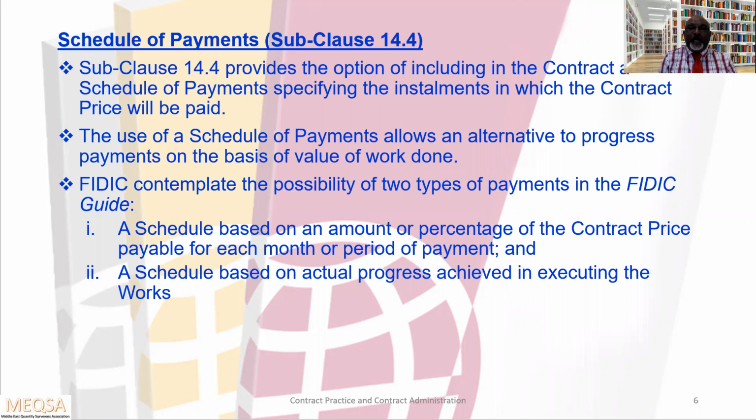FIDIC contemplates the possibility of two types of payment in the FIDIC guide. The first one, a schedule based on an amount or percentage of the contract price payable for each month and period of payment. The second, a schedule based on actual progress achieved in executing the works. So these are the two types of payment mentioned in the FIDIC guide.